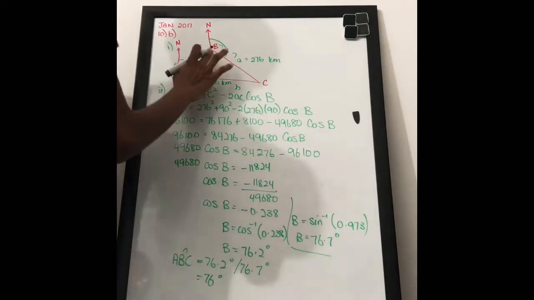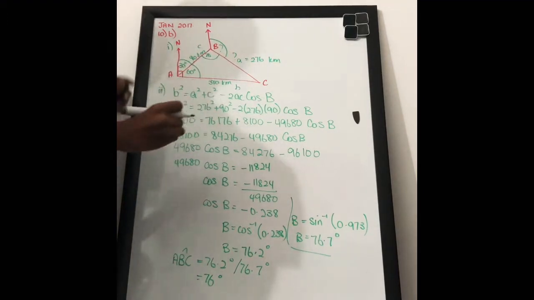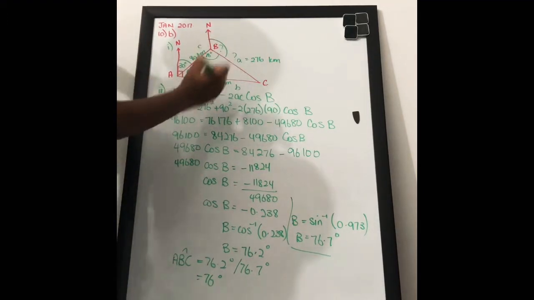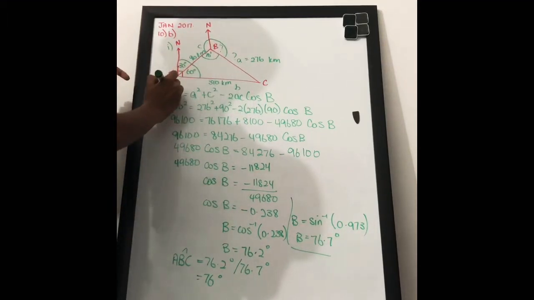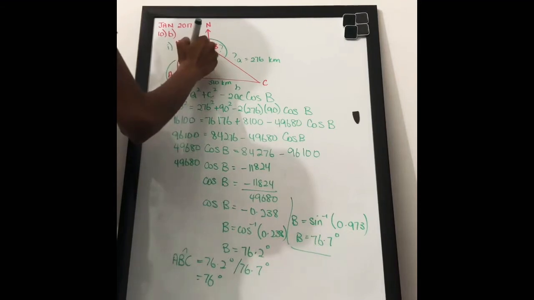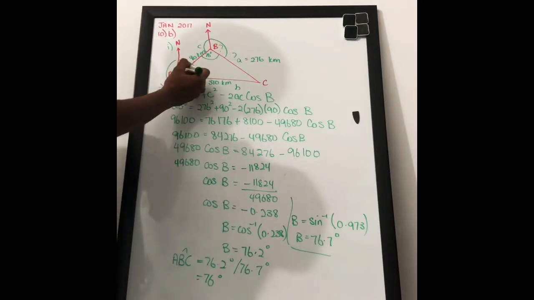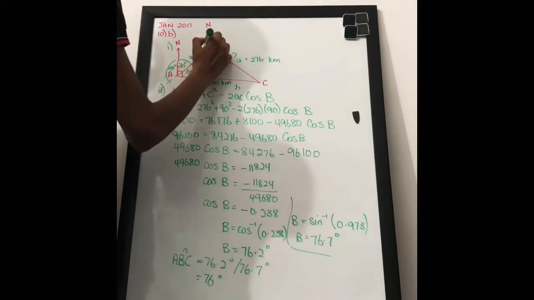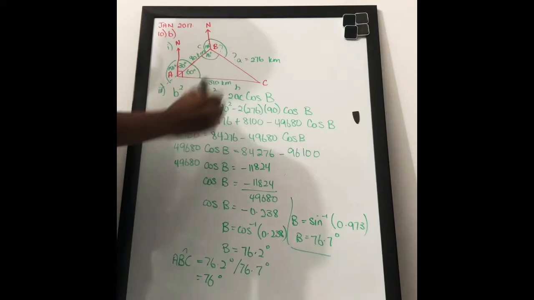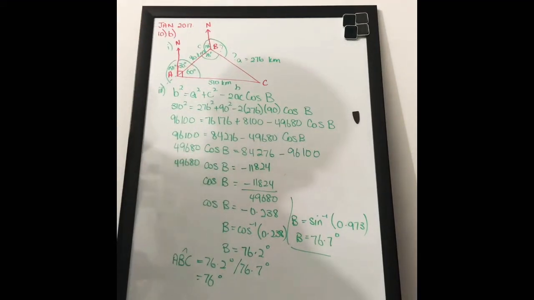Now, for this part here, we know that this is a straight line, so this angle would be equal to this angle here. 180 minus 30 will give us 150. So if here is 150, then here must be 150 as well, and then we'll be able to find that angle there.